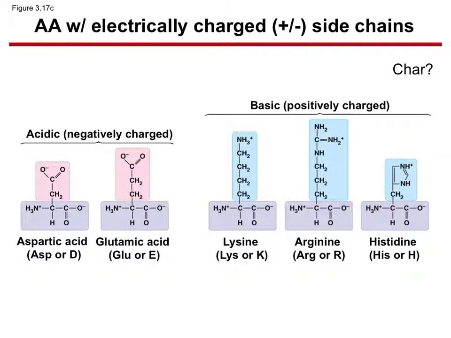Then we have our electrically charged side chains, which just means that they have a positive or negative charge. So our carboxyl groups have lost their hydrogens, so they're negatively charged, and our amino groups have gained hydrogen, so they're going to be positively charged. If you have an aspartic acid or glutamic acid nearby a lysine, arginine, or histidine, you'd expect them to interact and make an ionic bond because it's a negative and a positive.